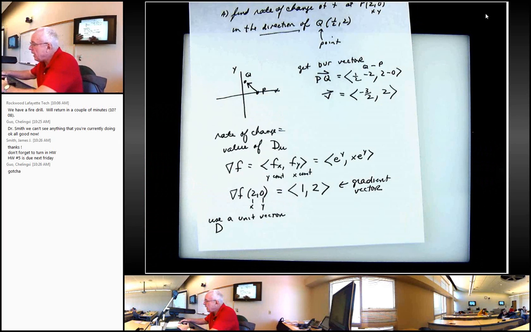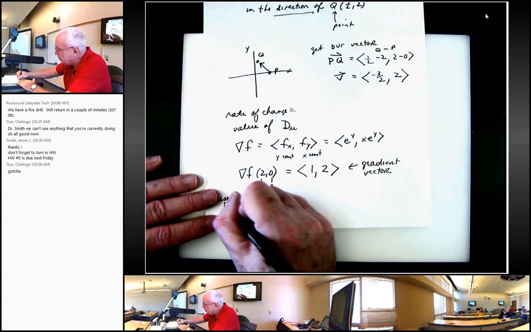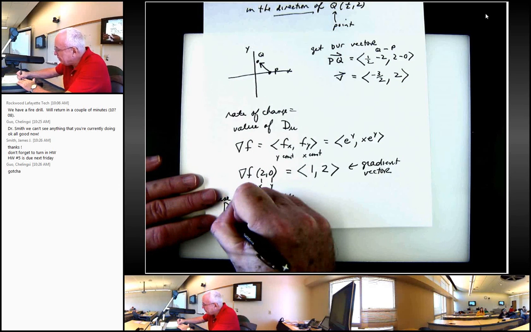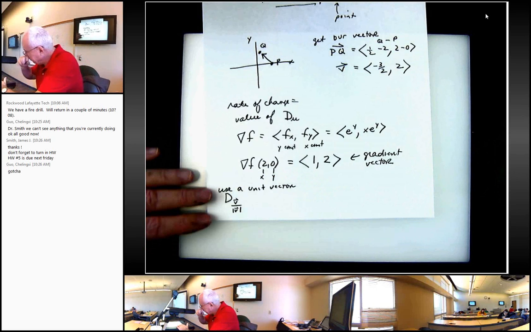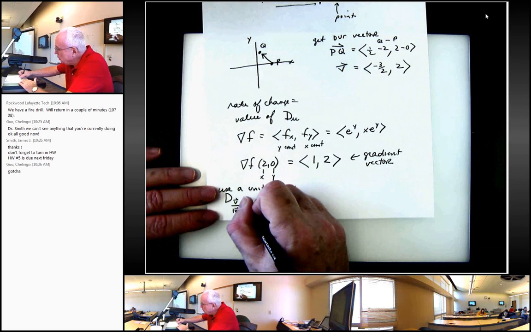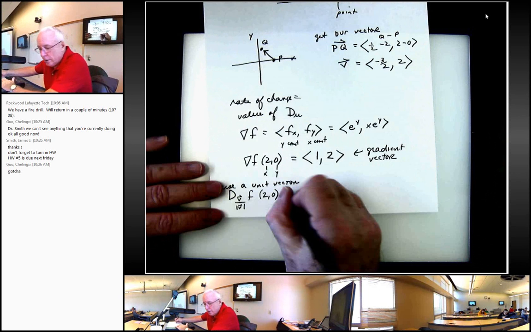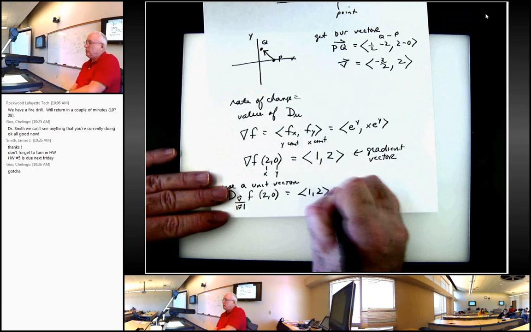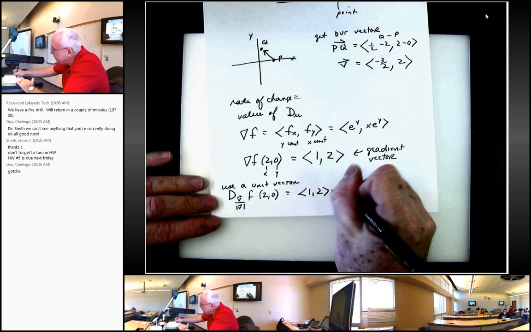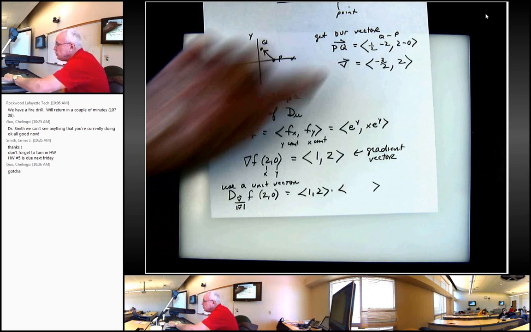So we want it to be in that direction, but we need to divide it by the magnitude of that vector. We want this directional derivative at the point 2, 0, so it's going to be 1, 2 dot something. We have to figure out the magnitude of this vector.